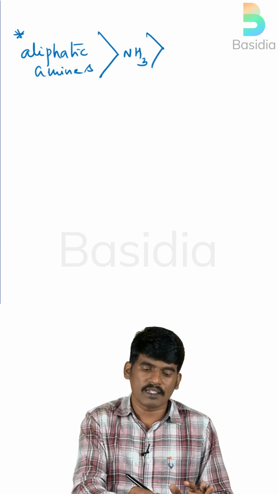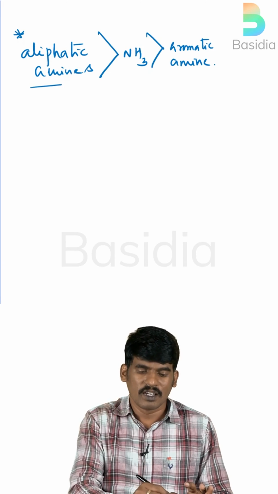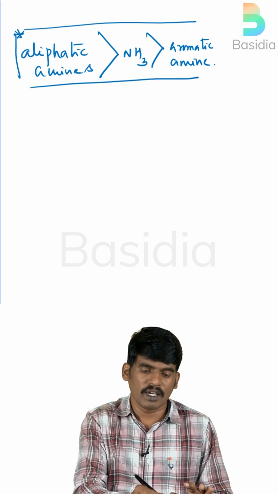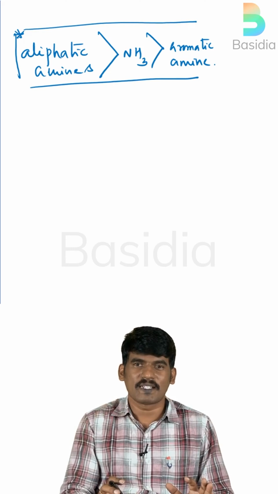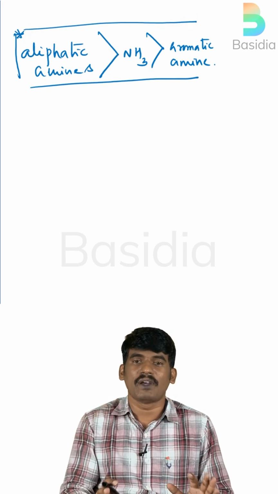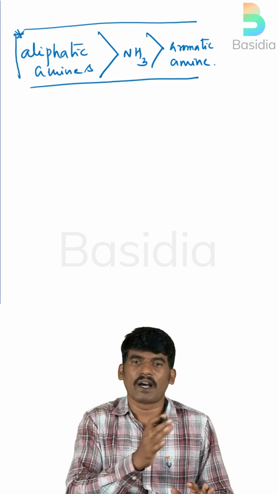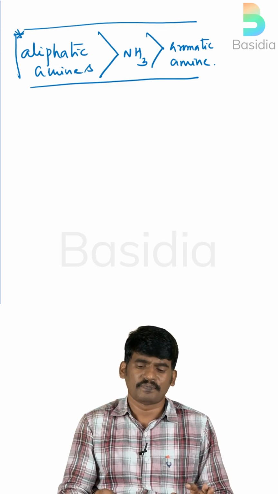Ammonia is a stronger base than aromatic amine. This is the overall basic strength that can be given. Hope you understand that. Aromatic amines are weaker bases compared to ammonia and compared to aliphatic amines.